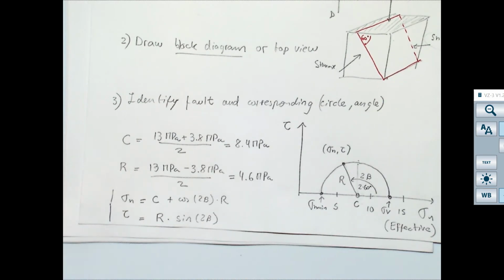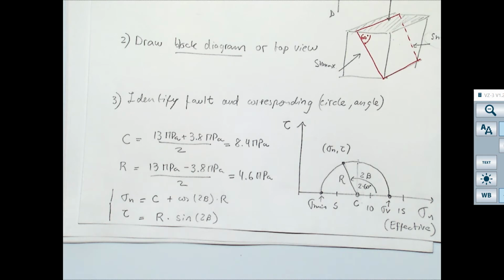And that's it. So you know what is beta, you know what is C, you know what is R. You can calculate sigma n and tau. Probably the most difficult part here is trying to figure out which Mohr circle to use and which angle to put in here. But once you figure that out, the rest is very easy.